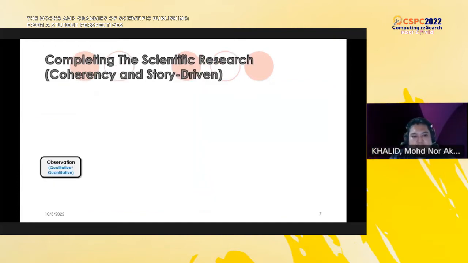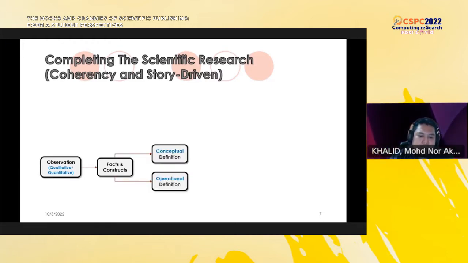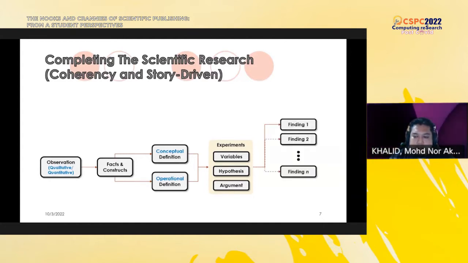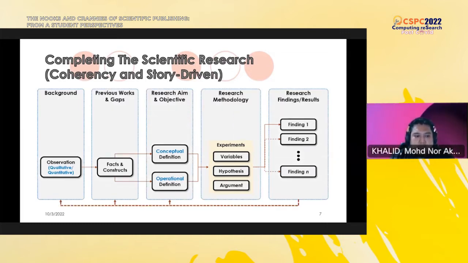And then from there you can complete your scientific research by having it both coherent and story driven, meaning that from your observation just now you can identify your facts and constructs, and from there you can define the conceptual and operational definition of your research. And you can conduct your experiment in order to communicate whatever you want to do in your research. From there you will get your findings, right? And these findings will reflect back to everything from the start.